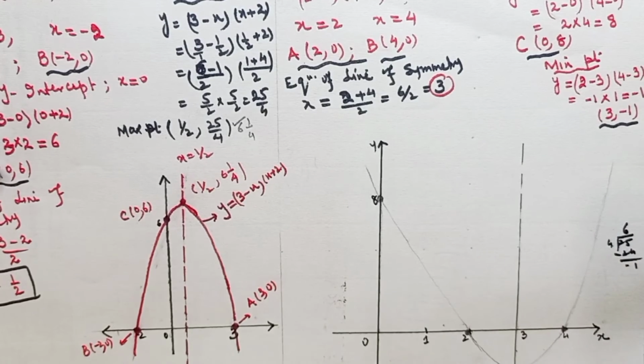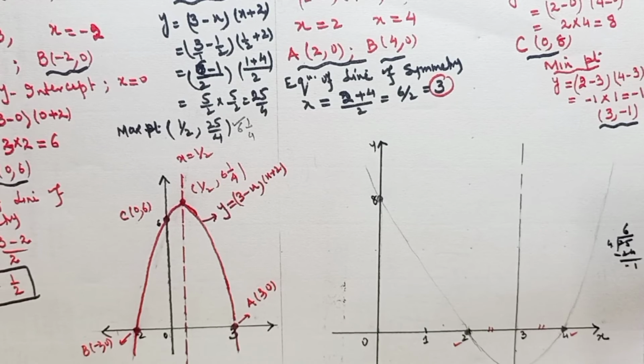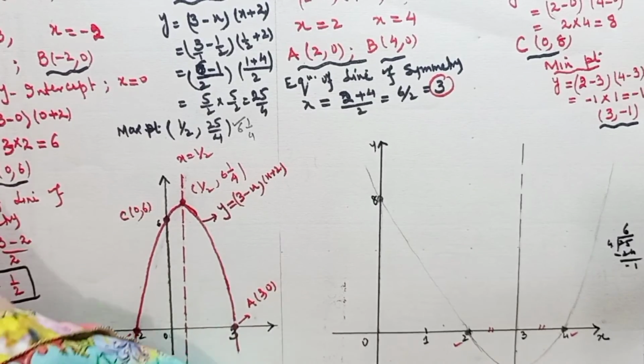Now observe that the distance of these intercepts from the line of symmetry has to be the same or equal. Yes, we are getting a really good curve, and now we can join all these points and make our curve perfect.